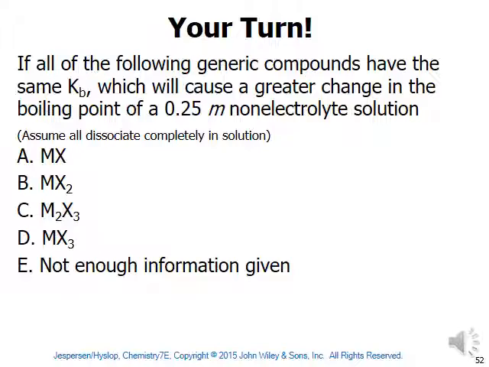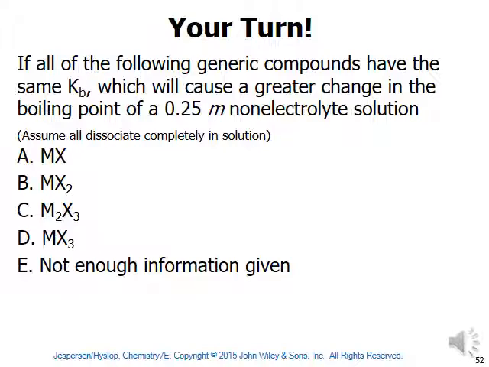Each one of these is a non-electrolyte, and really it doesn't matter. To a general degree, it doesn't matter what the substance is that you dissolve in your solvent. It's how much of it that you dissolve.